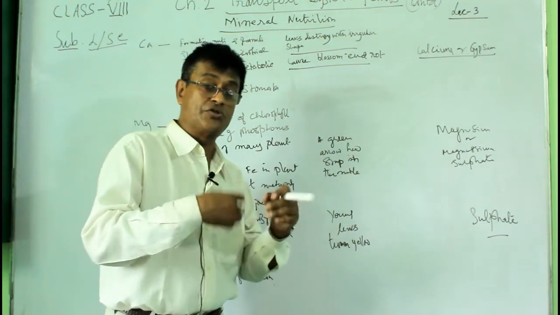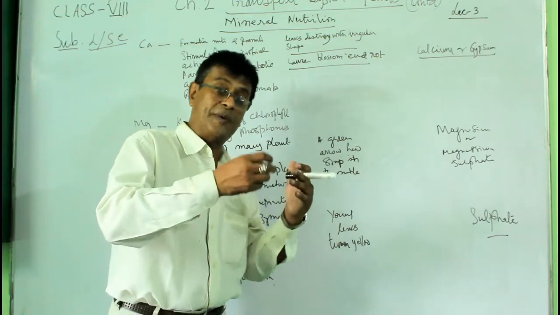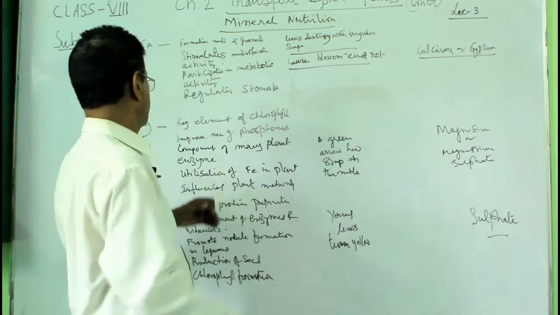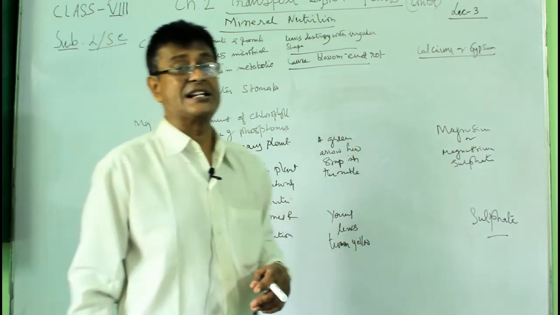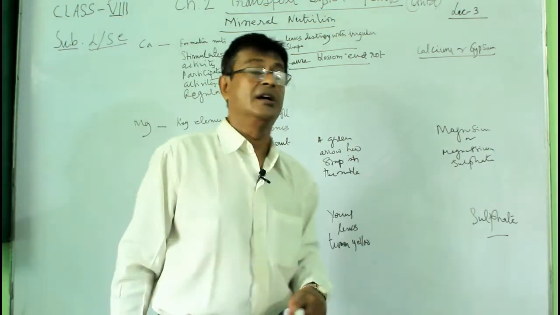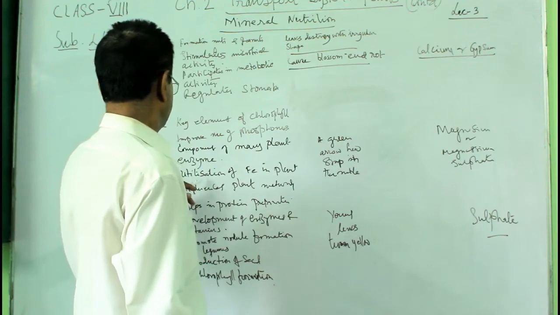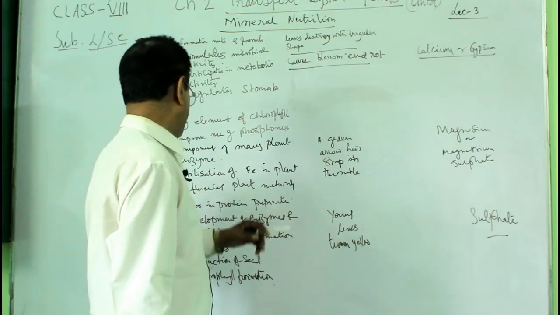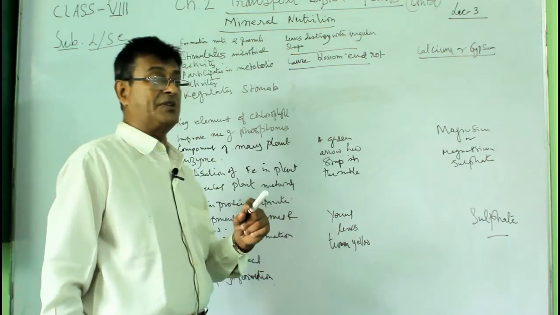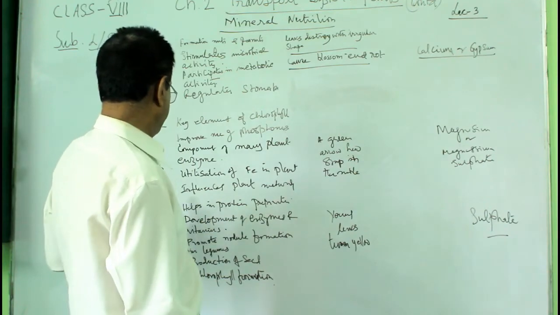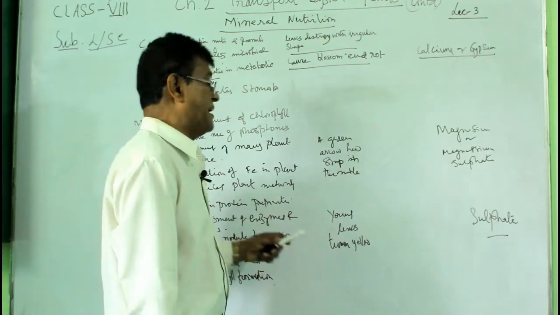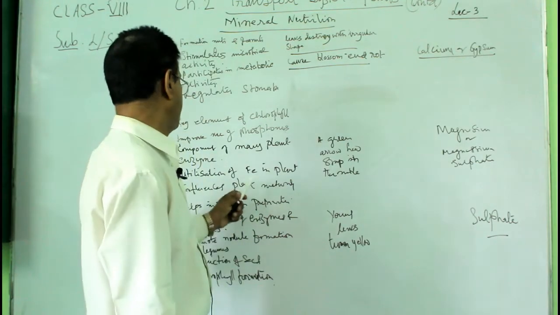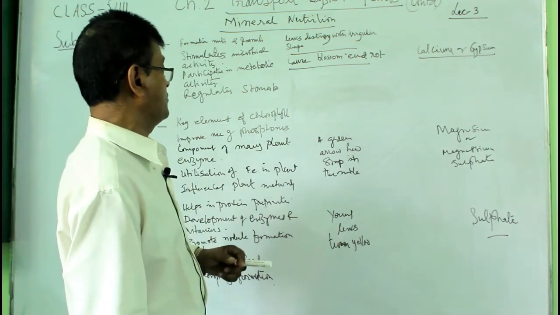The use of phosphorus is improved by the help of magnesium. Components of many other plant enzymes are also promoted by magnesium. It helps in the utilization of iron in plants, and it also influences the plant maturity.